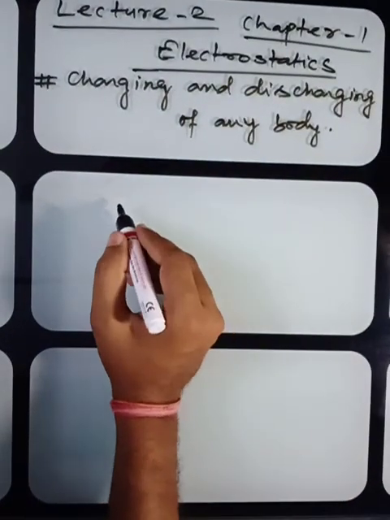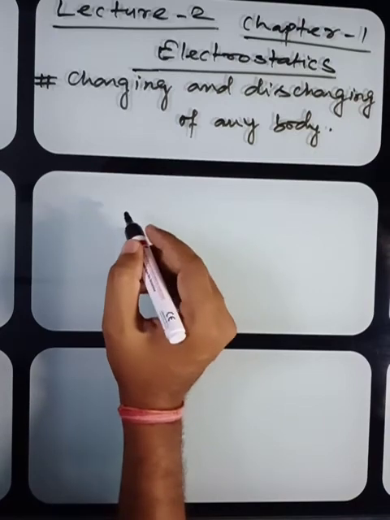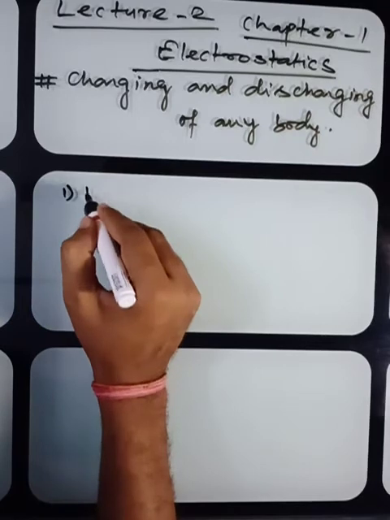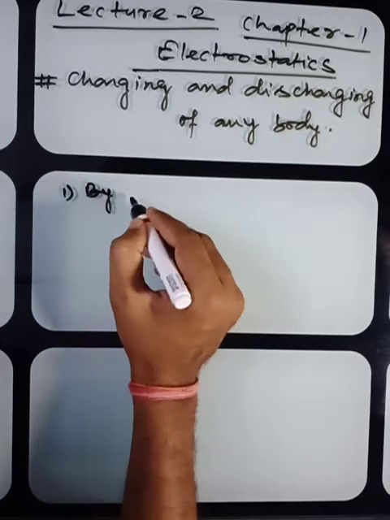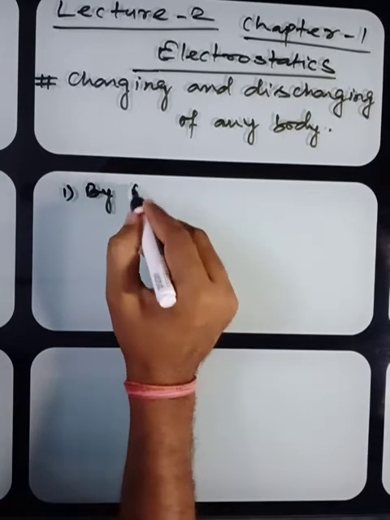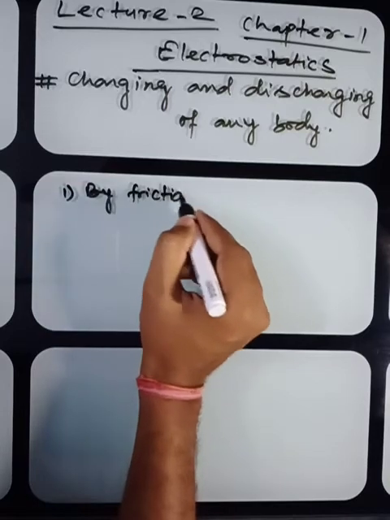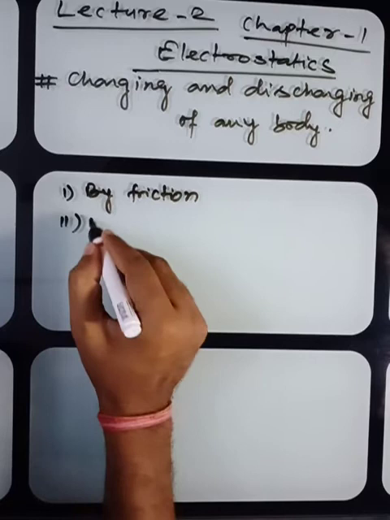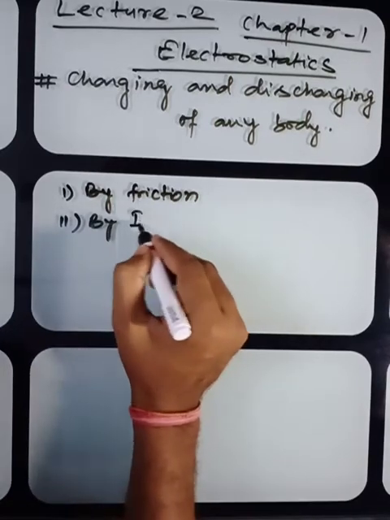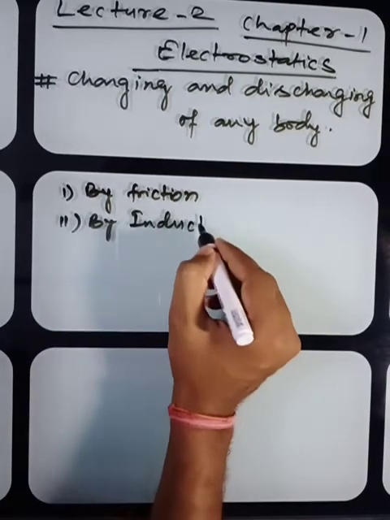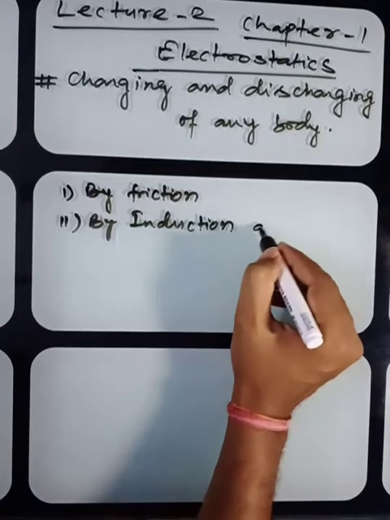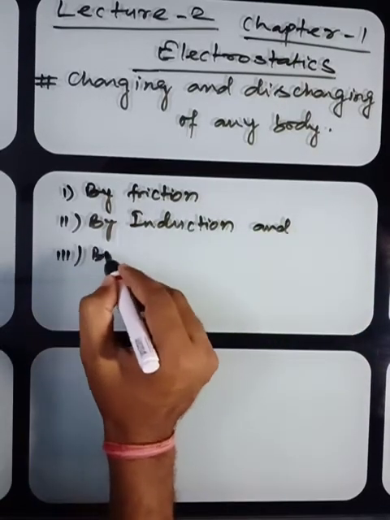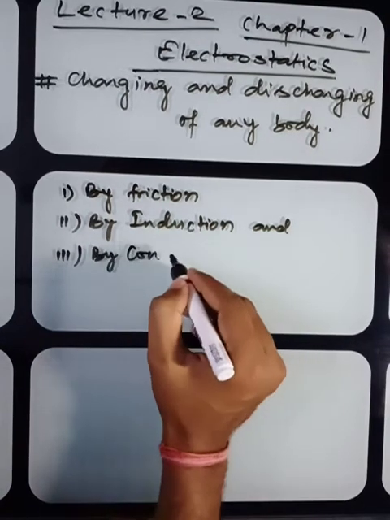So students, a body can be charged by 3 methods, that is by friction, by induction, and third, by conduction.